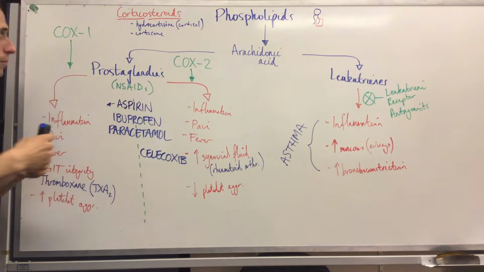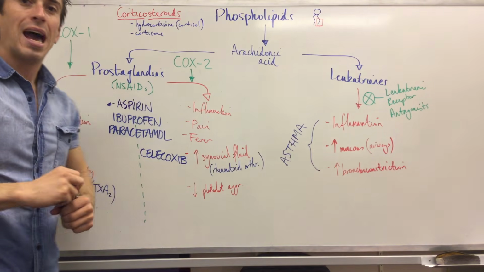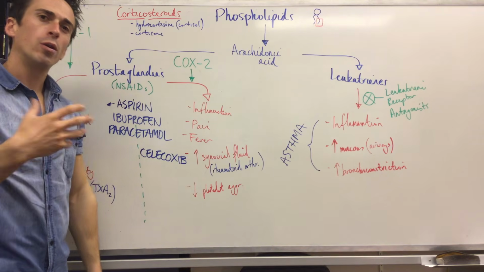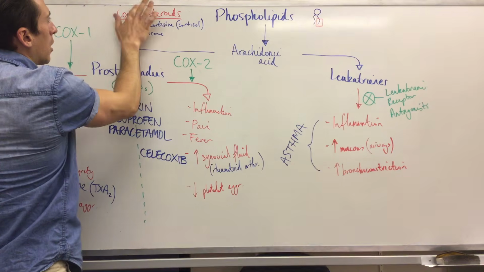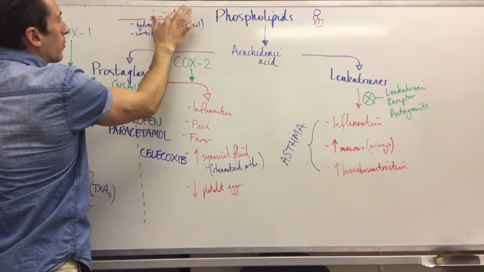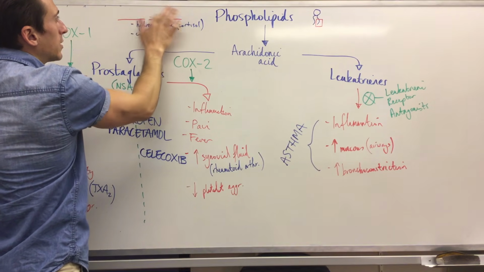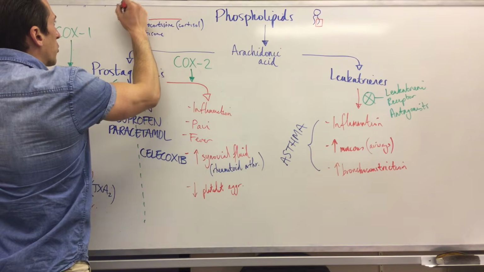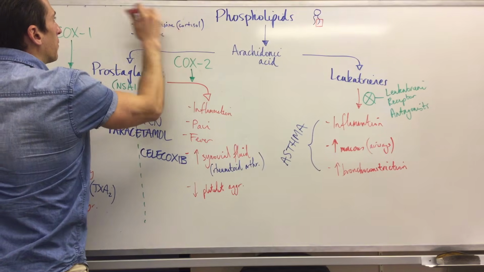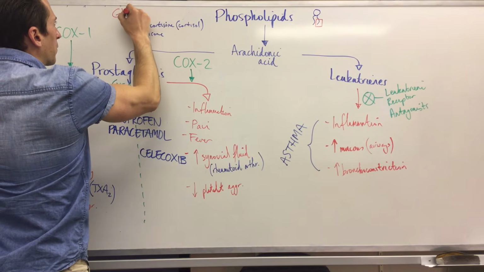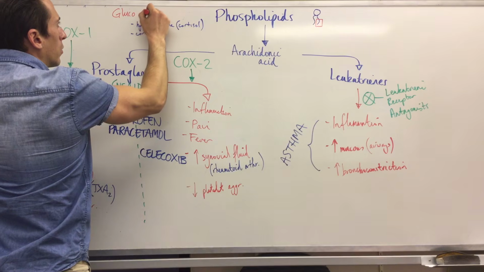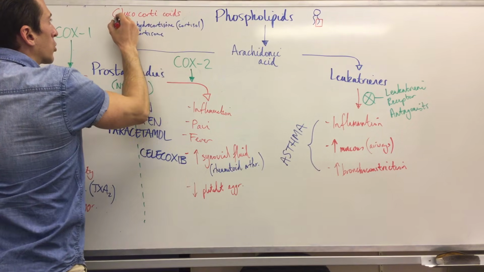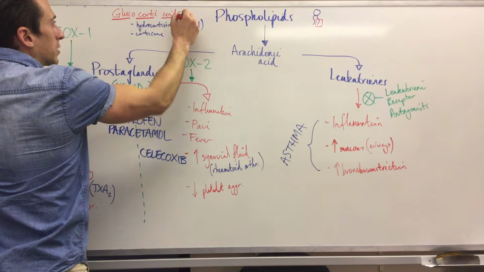Now, they're also known as glucocorticoids. Okay, glucocorticoids. So I'll get rid of corticosteroids and write glucocorticoids, because you'll probably see them as either corticosteroids or glucocorticoids. But let's write glucocorticoids, because glucose, cortex, steroids.